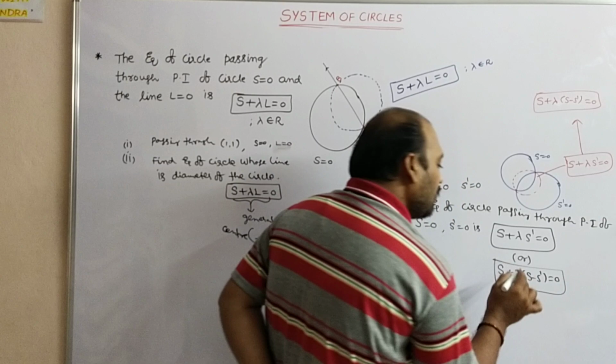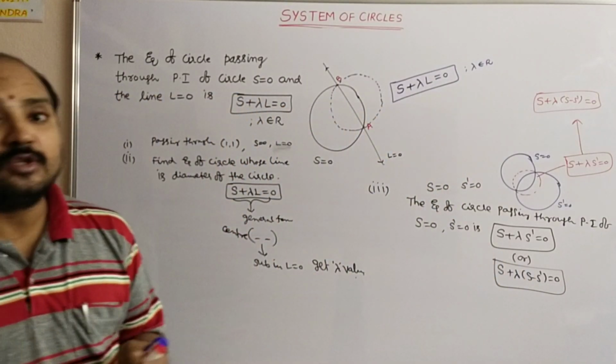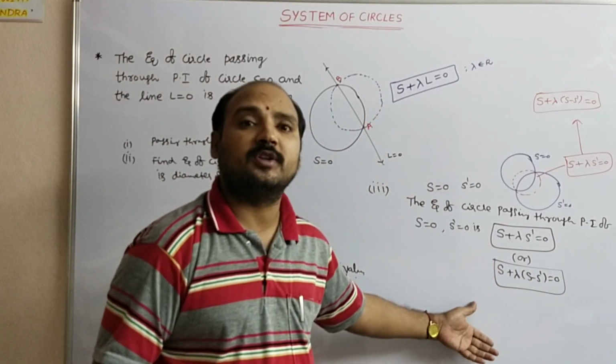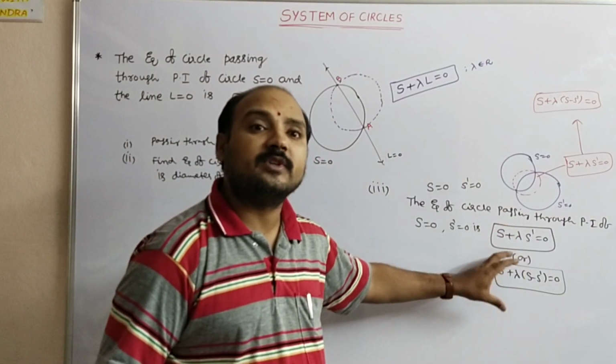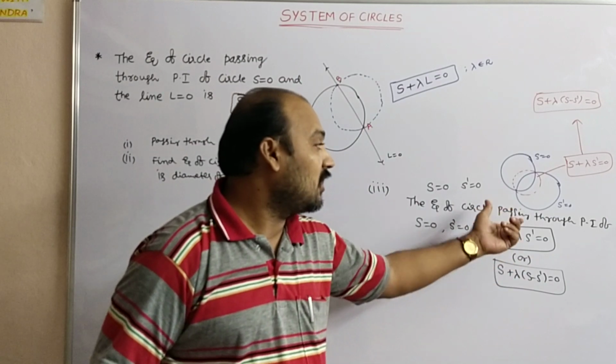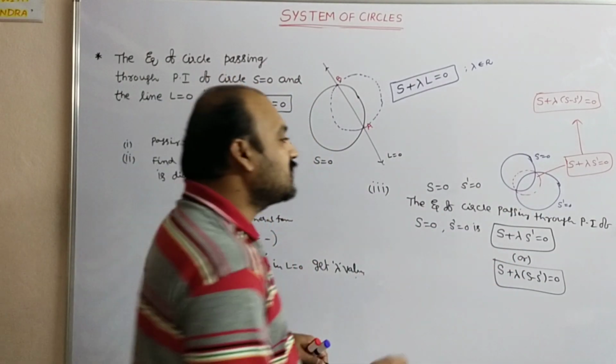Based on the condition, you can go for that, that is passing through some point, that is passing through some origin, that is this circle's diameter lies on the line, common chord. Like these conditions may apply.